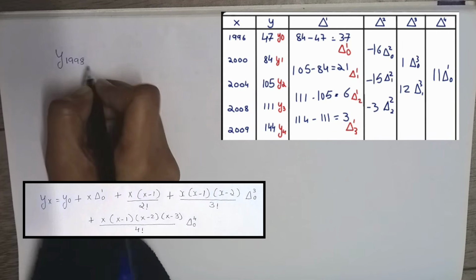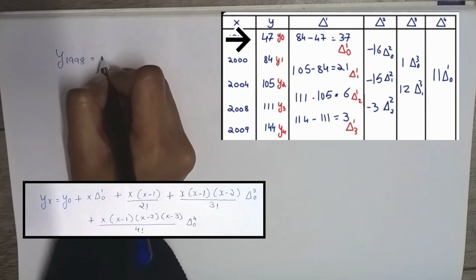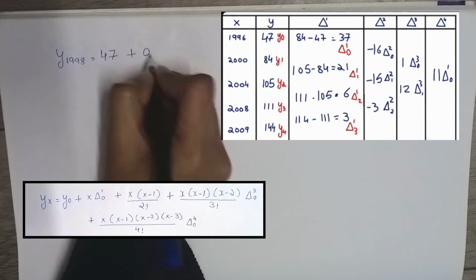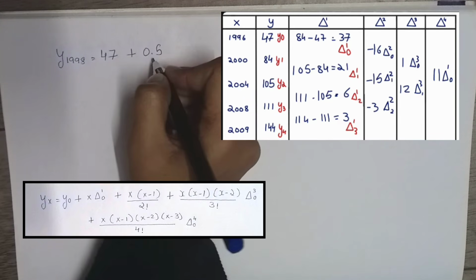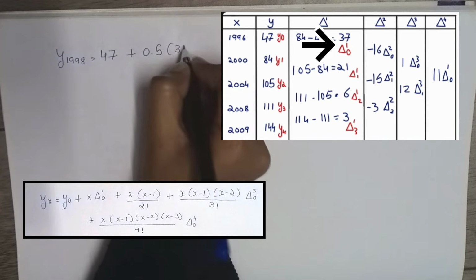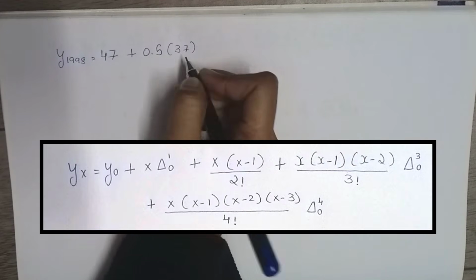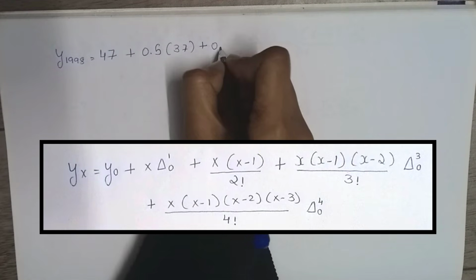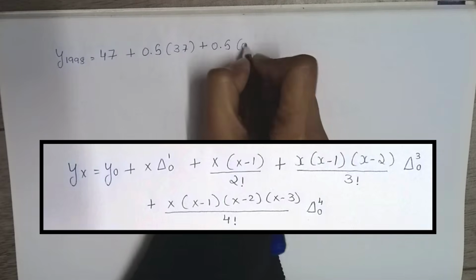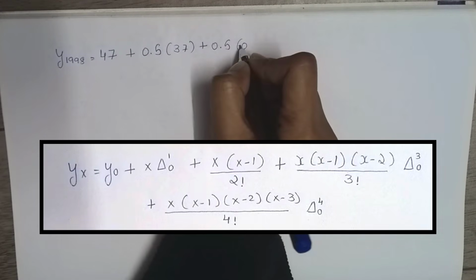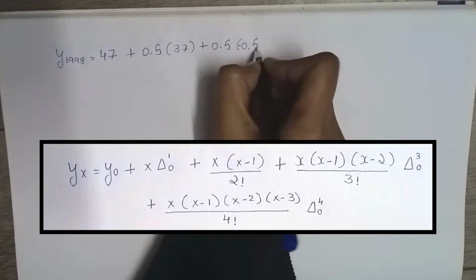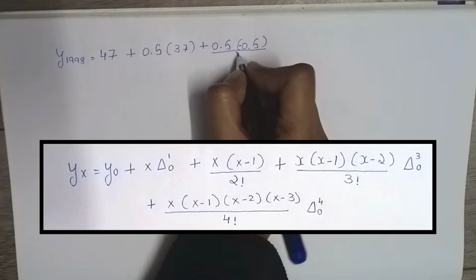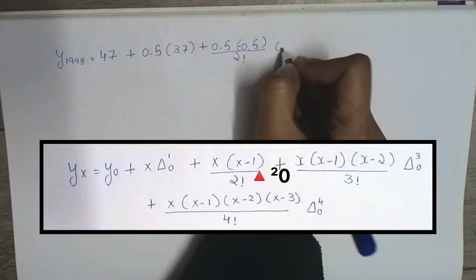Here we have yx, where x is 1998 as given in the question. And y0 is 47. You can check the table beside. And x is 0.5. Then delta 0,1 is 37. Now plus x as it is, 0.5. Then x minus 1, as we got before, is minus 0.5, divided by factorial 2. A small correction to be made here, I'm so sorry for that.